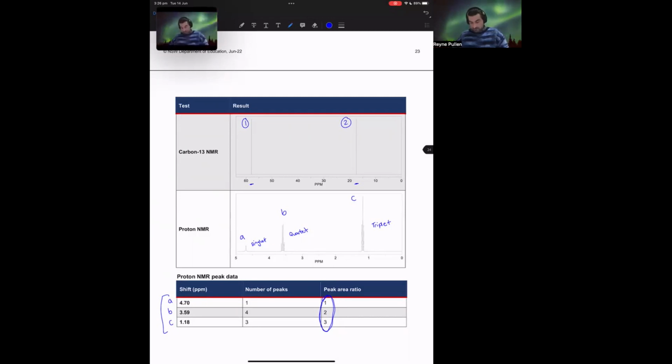Vice versa, the triplet at about ppm of 1, peak C, that has 3 hydrogens, but we're seeing a triplet, which means it's next to something that has 2 hydrogens, hence a triplet, the N+1 rule again. So that tells us they must be next to one another. It confirms what we thought in terms of the carbon NMR, if we have some maybe terminal carbon, and then a middle carbon, and then something like an oxygen that's pulling electron density away from that middle.